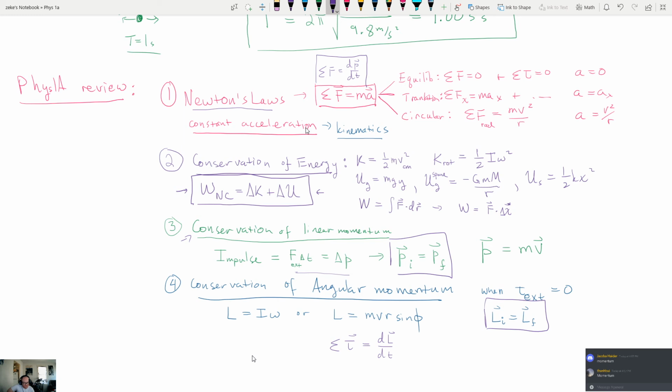That's all we know about physics, is that these are the ideas that bind together classical mechanics. Basically, that's what we've been studying, is classical mechanics. I think the title of this course is Physics 1A Mechanics of Solids, right?